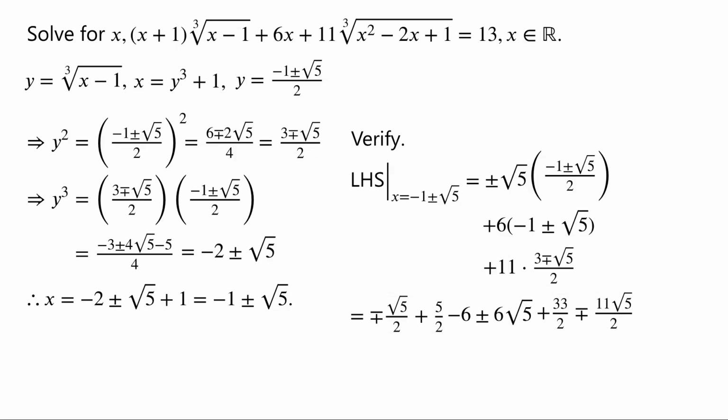The root 5 terms, minus or plus root 5 over 2, plus or minus 6 root 5, minus or plus 11 root 5 over 2, equals 0. 5 over 2, minus 6, plus 33 over 2, equals 26 over 2, which is 13. Which is equal to the right-hand side of the original equation. So x equals -1, plus or minus root 5, are solutions of the original equation.